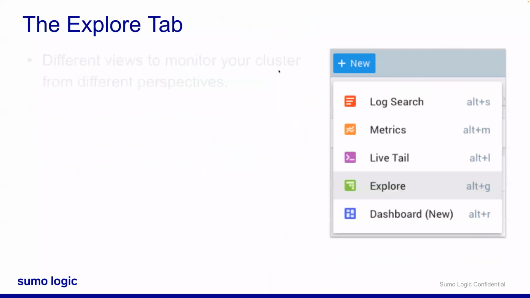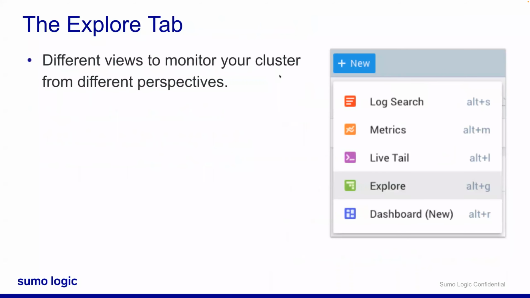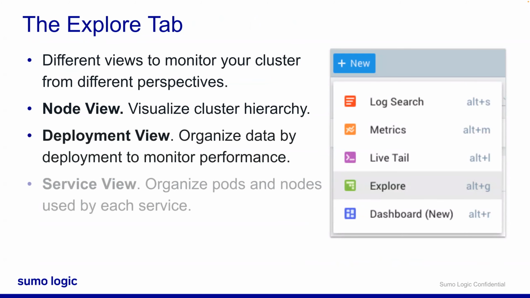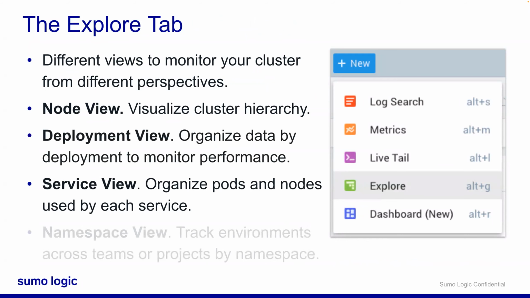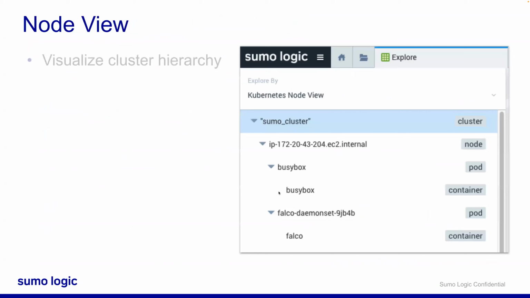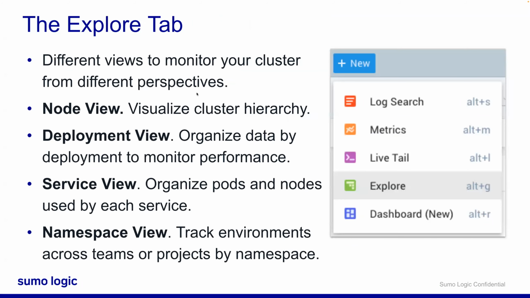So the Explore tab. What we did earlier is we went to the new tab and selected Explore. Now, when I selected Explore, as you saw, really represented more by the next slide, there were those different Explore by views, specifically 4 of them that we were going to utilize. And so what I wanted to do is just talk about the differences between them.